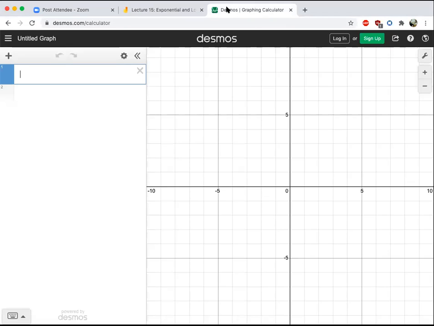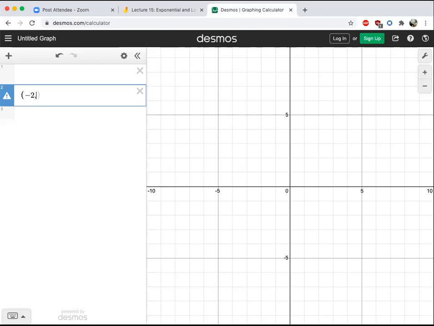So now what I want to do is I want to graph all those points. So what I'm going to do is I'm going to move down to number 2, and I'm going to start right there because I'm going to put the function actually in the number 1 spot. So let's graph those ordered pairs. The x values are going to go on the left side, and the y values are going to go on the right side.